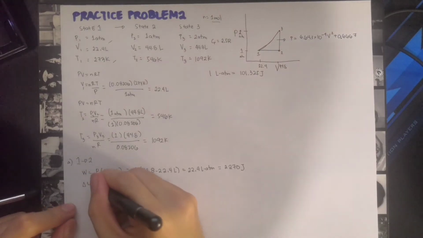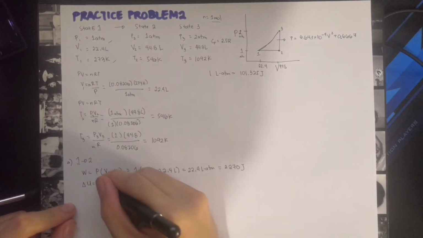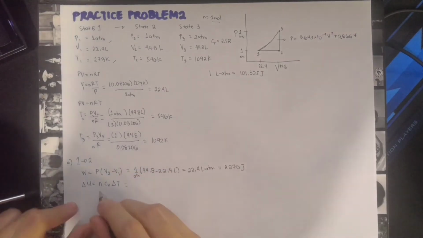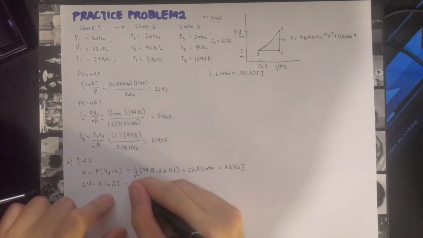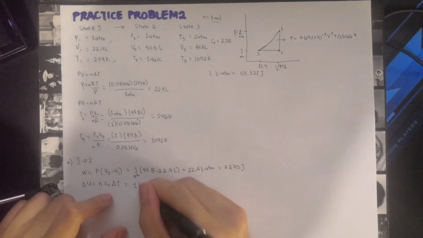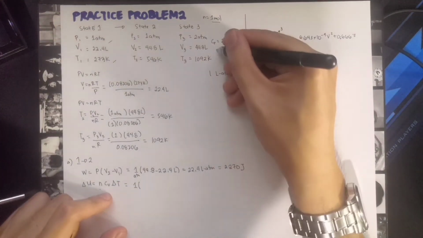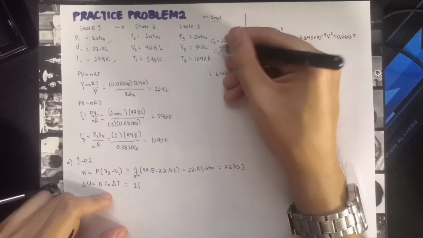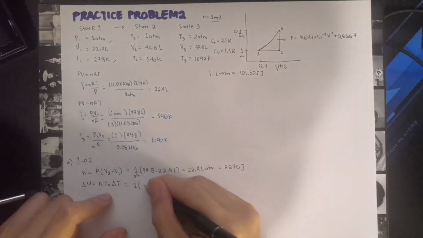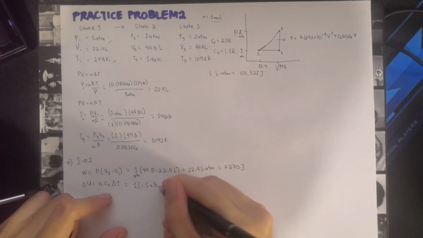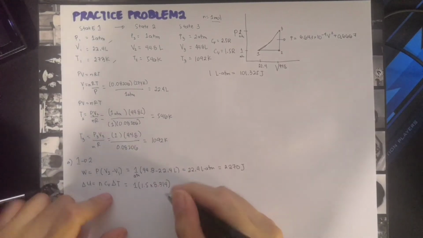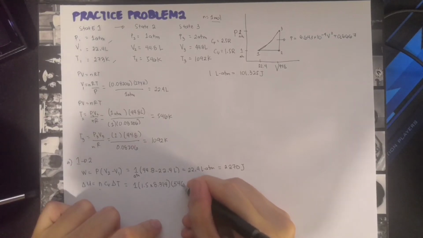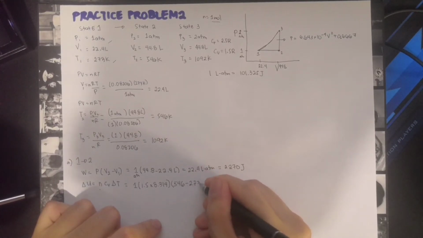Delta U is equal to n Cv delta T. n is the number of moles, which is 1. Cv is equal to 1.5 R. Since 2.5 R is Cp, Cv is 1.5 R. 1.5 times 8.314. And delta T is 546 minus 273.